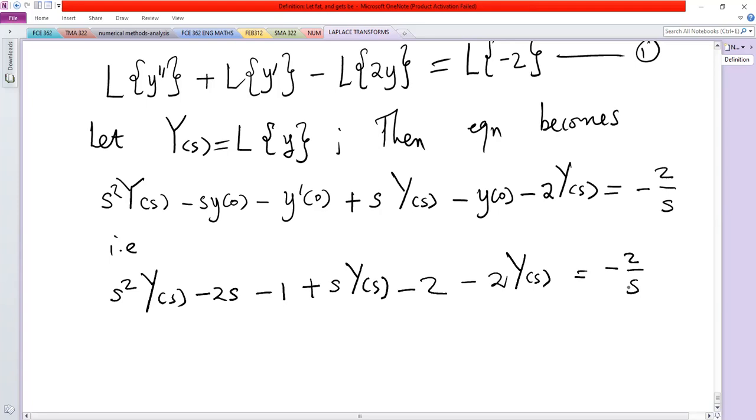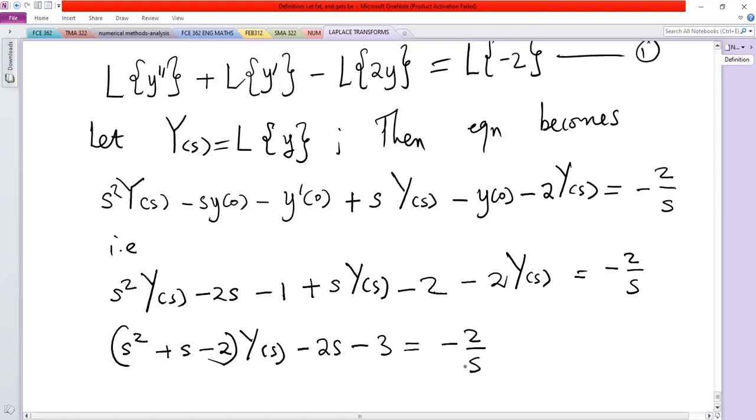So the next thing, let's collect our like terms. We'll have s squared plus s minus 2, put in brackets, then you multiply by capital Y of s. Now minus 2s minus 1 minus 2 is minus 3, should give us minus 2 over s.